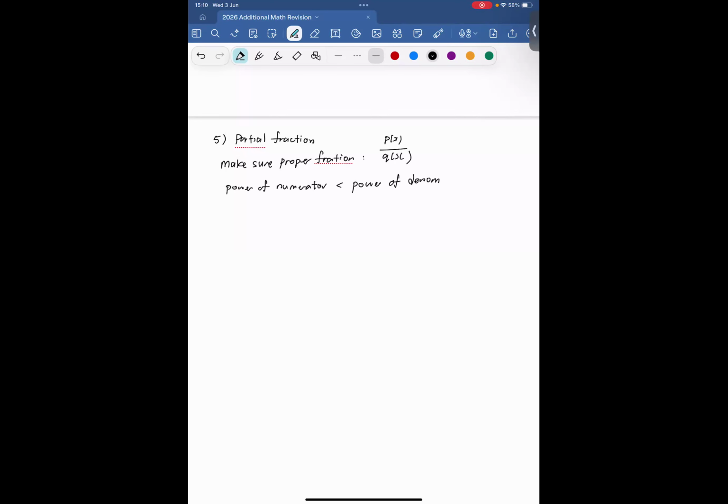Cannot be equal, must be lesser. If it's not, then you have to do long division. Okay, after that, your partial fraction have your identity. If your denominator has this, then this will appear. If your denominator has this, then this will appear. If your denominator is this, this will appear.